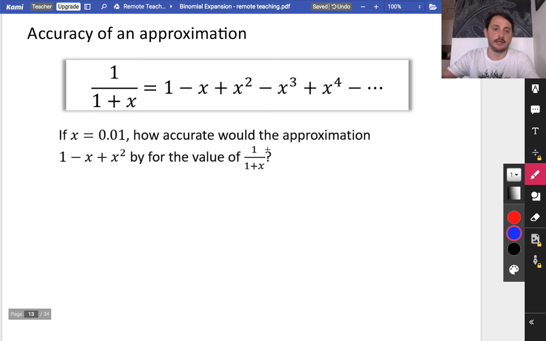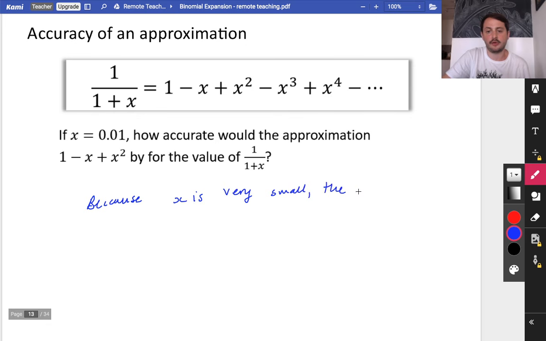Last bit, how accurate are these approximations? So in this particular one that we've got here, if x was equal to 0.1, how accurate would the approximation be for the value of 1 over 1 plus x? Well, actually, because x is very small, the approximation will be good.